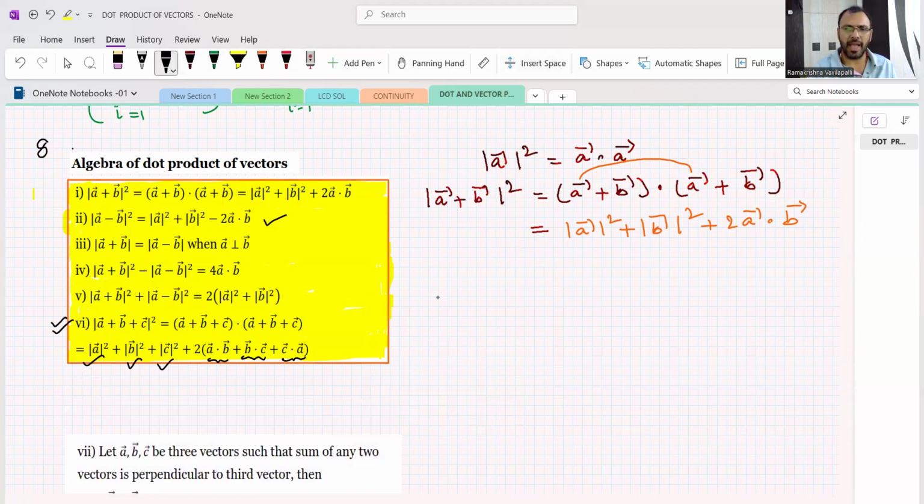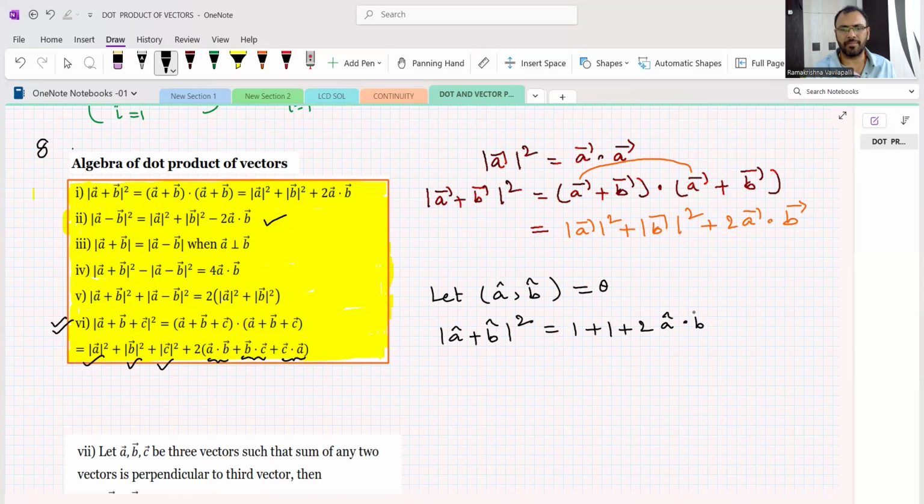For example, suppose the angle between two unit vectors is theta. Then what is the modulus of A cap plus B cap whole square? This is equal to mod A cap, which is 1, plus mod B cap whole square, which is 1, plus 2 into A cap dot B cap.